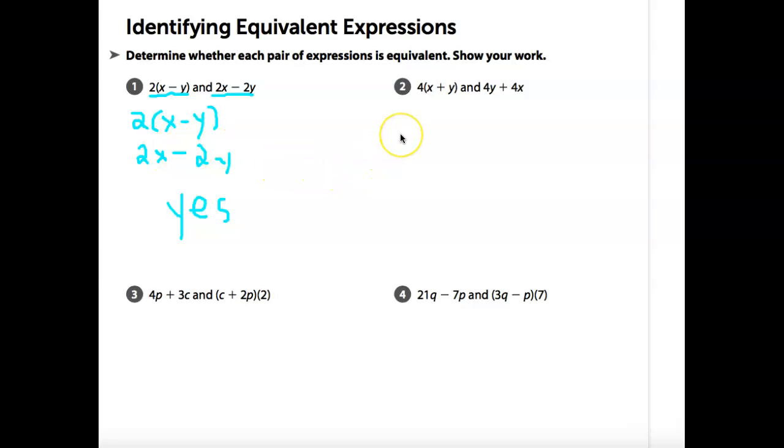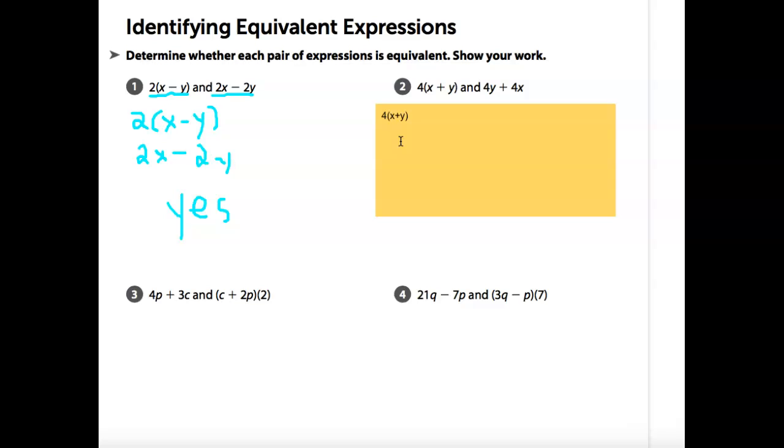All right, so let's take a look at this one. 4 times, parentheses, x plus y, and 4y plus 4x. So I'm going to use the text box because I think that might work out better. And then I can write in it for you. Okay, so 4, parentheses, x plus y, parentheses.